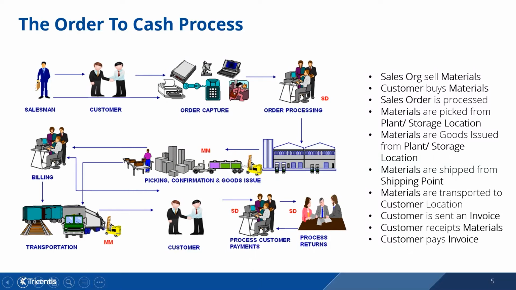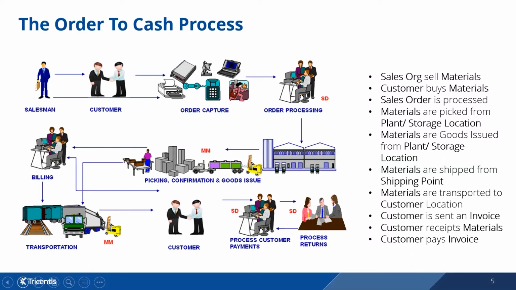So on the right-hand side in SAP speak, the sales org is selling the materials, the customer, and everything in bold is the SAP language to match against the process. And this is really just to reinforce what I was saying on the preceding slide. It's so important to understand what these actually mean. Particularly for the automation team, they really do need to understand what a material is, for example, what the sales org is, what the structure of the sales org is, and also the elements within a plant.